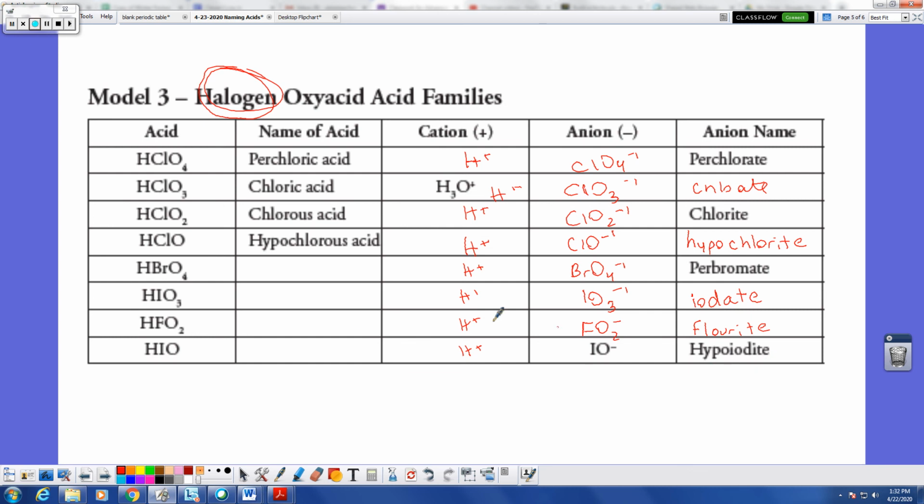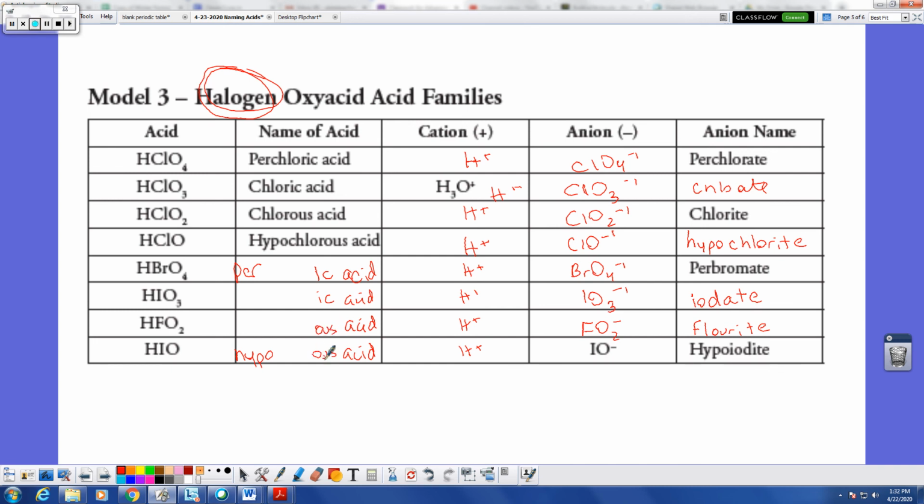So naming over here, it's going to be the same thing. This is going to have the per, this is going to have the hypo. They're all going to be acid. And then these two are ates, so these are going to be ic. These two are ites, and so they're going to be ous.